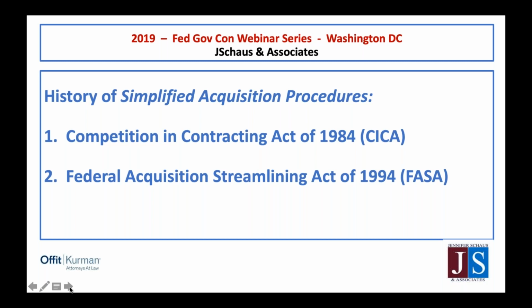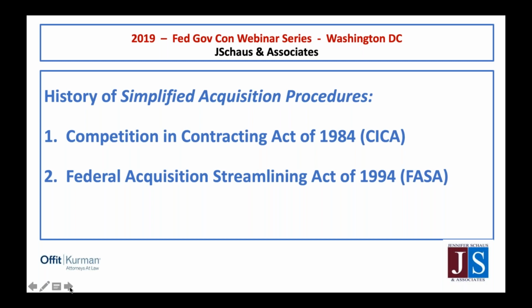For example, for many competitive procurements going back to the early 80s, certified cost and pricing data was required, and again, this was just for just about everything. And for smaller companies in particular, providing that information was burdensome, complicated, expensive, and that's just simply one example of how difficult navigating the procurement system had become.